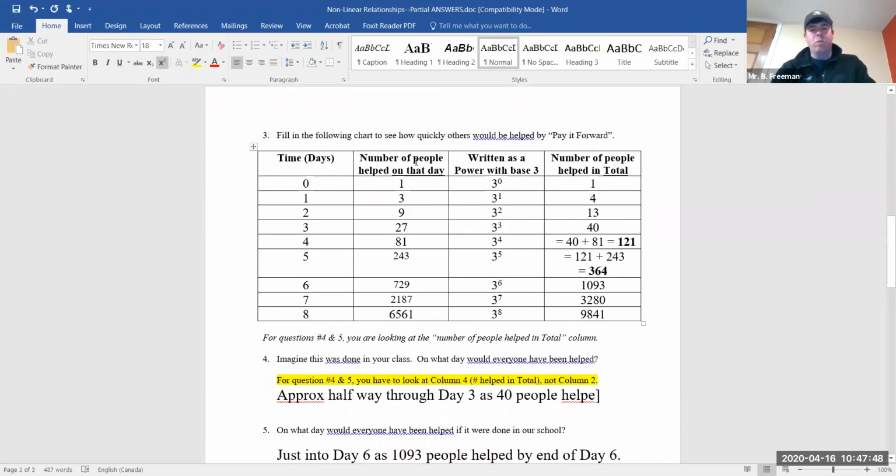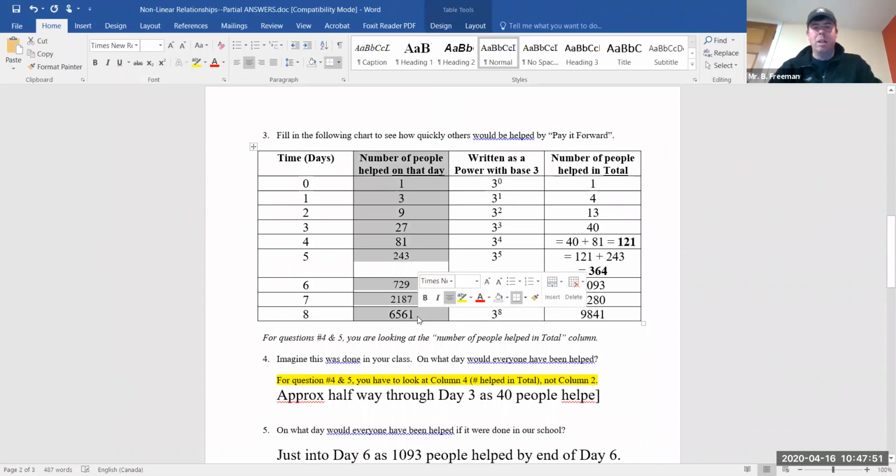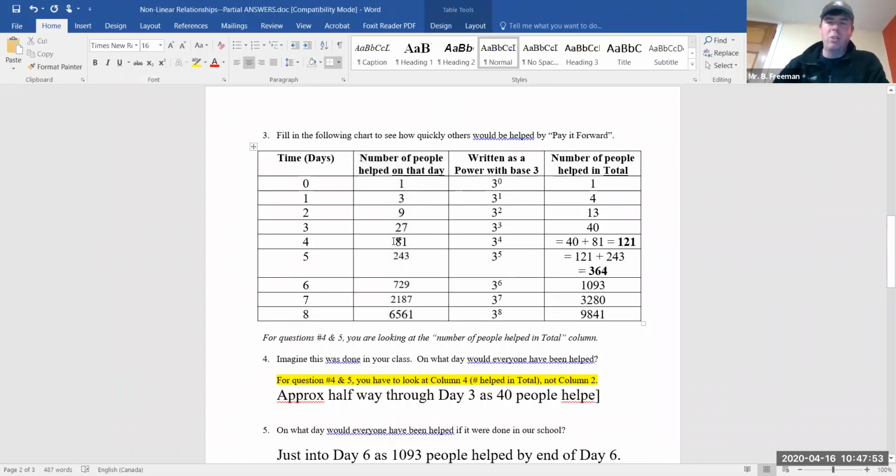Notice that when you flip it over, this is your tripling pattern, but that is not enough when it comes to knowing how many people were helped in total, or what the total number of people that have been infected is. So if I use the COVID virus example, this here would only show who is being infected on the next day. But we want to know a cumulative total, so also how many people are being infected in total. So fine to say that New York State or Ontario has 729 new cases today, but we want to know how many cases they had before that too.